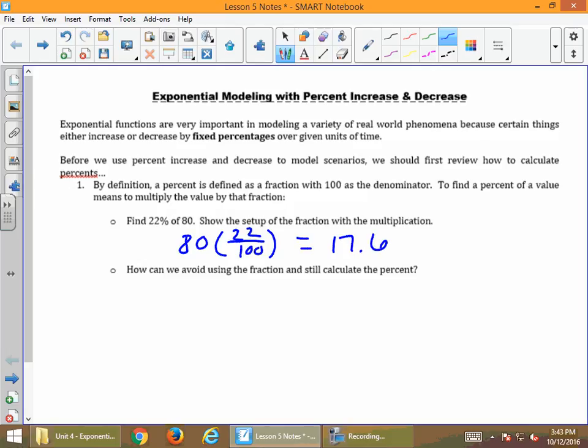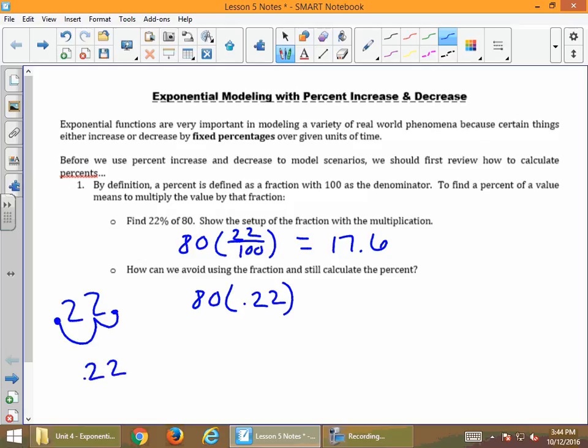If you're like me, you don't necessarily always like dealing with fractions. We can avoid using a fraction by just doing 22 divided by 100. When we do 22 divided by 100, we get 0.22. A shortcut to that: we know the decimal point is at the last part of 22, so you just move it over 2 places.